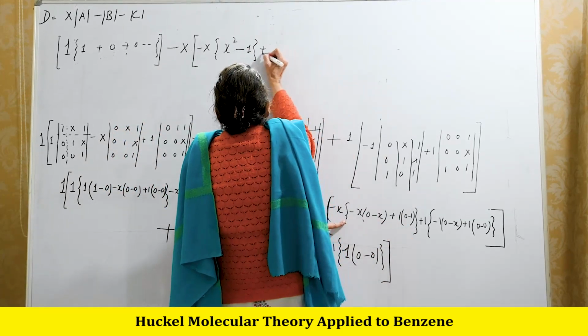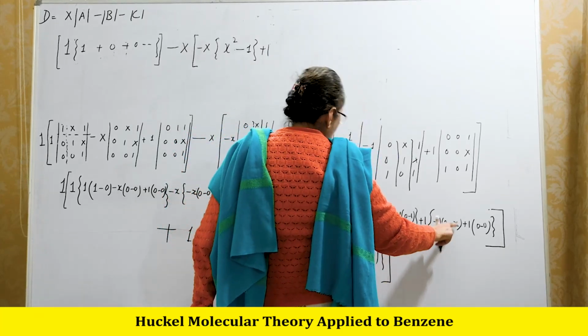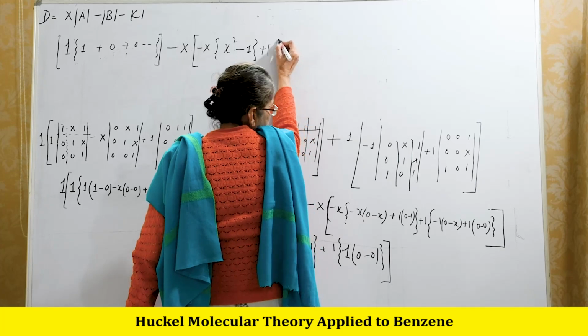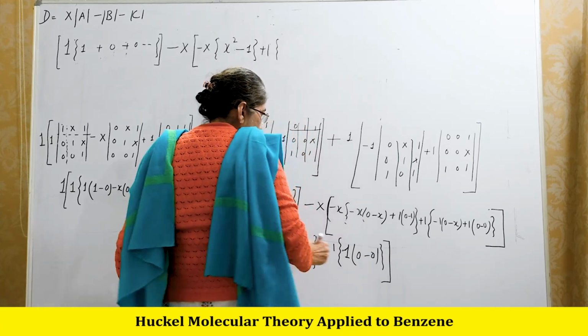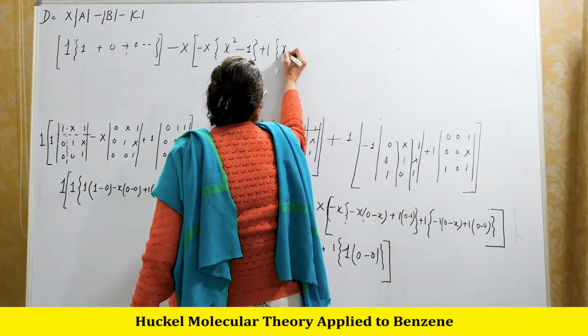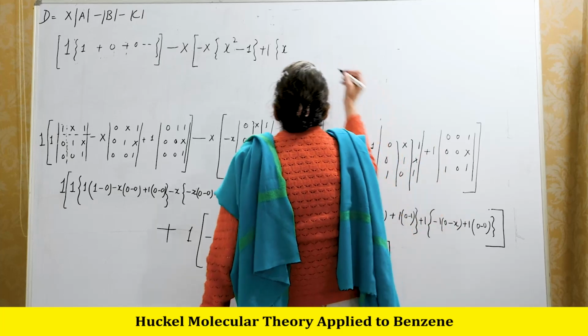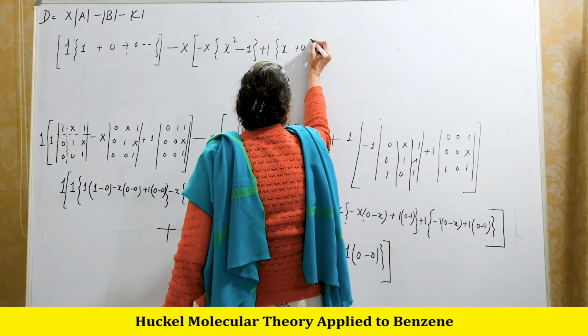Now the second: plus 1 minus 1, 0 minus minus plus x, plus 1. This is plus 1 minus 0, 0 plus x, and plus 0, 0.